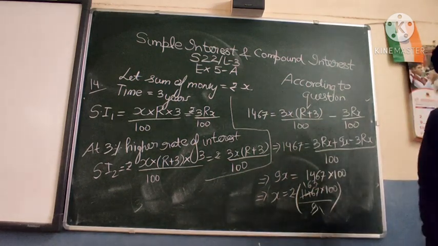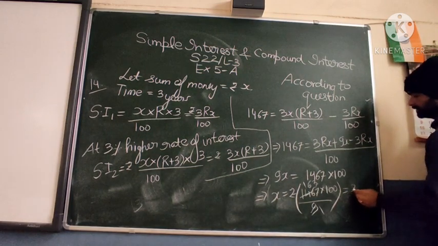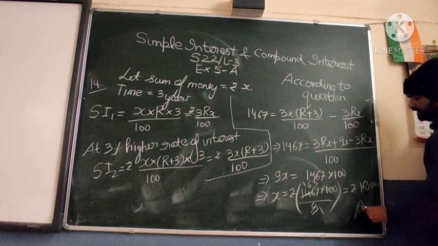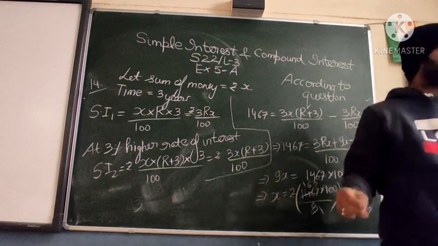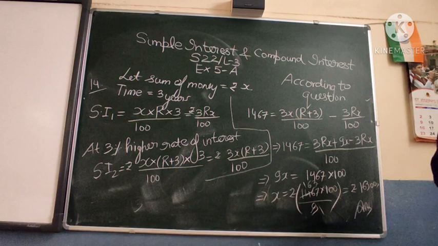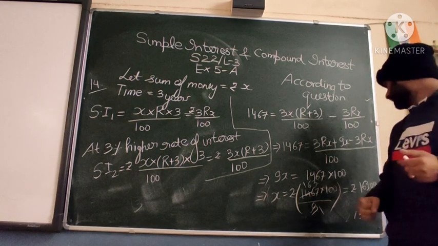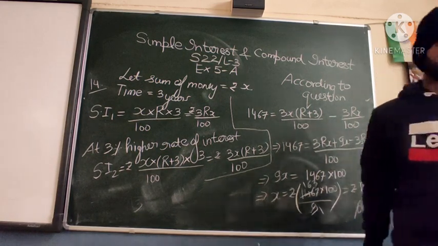So it will come as rupees 16300. This should be the answer. And what is asked? Sum of money is always asked. So 16,300 rupees. That is the answer.